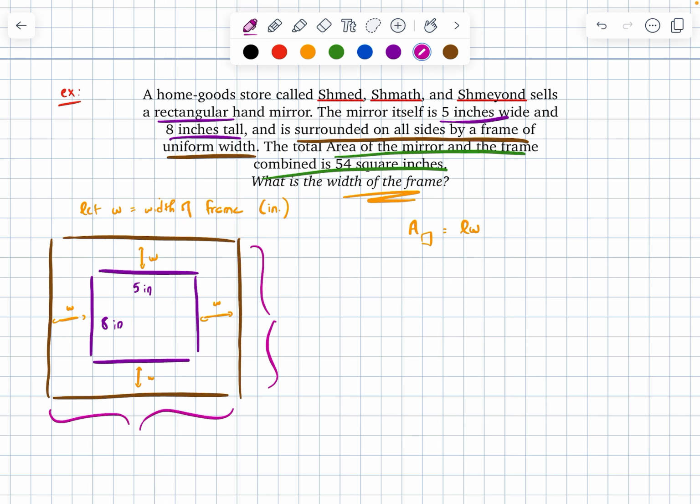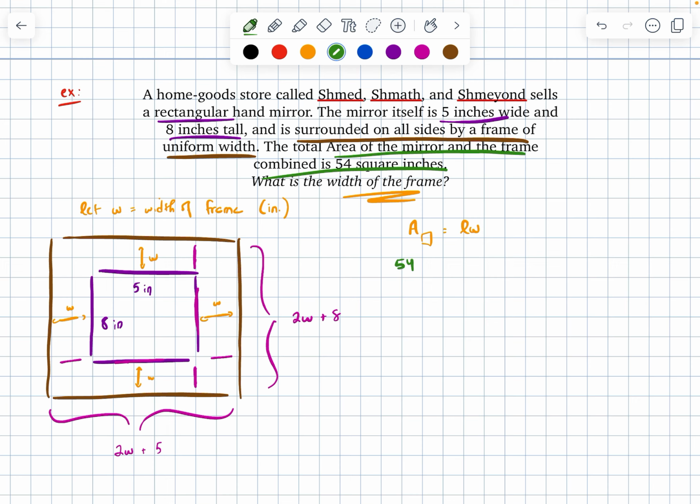So I need to find the length and width of this big rectangle. Well, to get all the way across, up and down, I go W across, plus that 8 inches, plus the W again, so there's 2W, plus the 8 from my mirror. Going across left and right, well, I've got a W here, plus 5, plus another W over on the other side, so there's 2W plus 5.